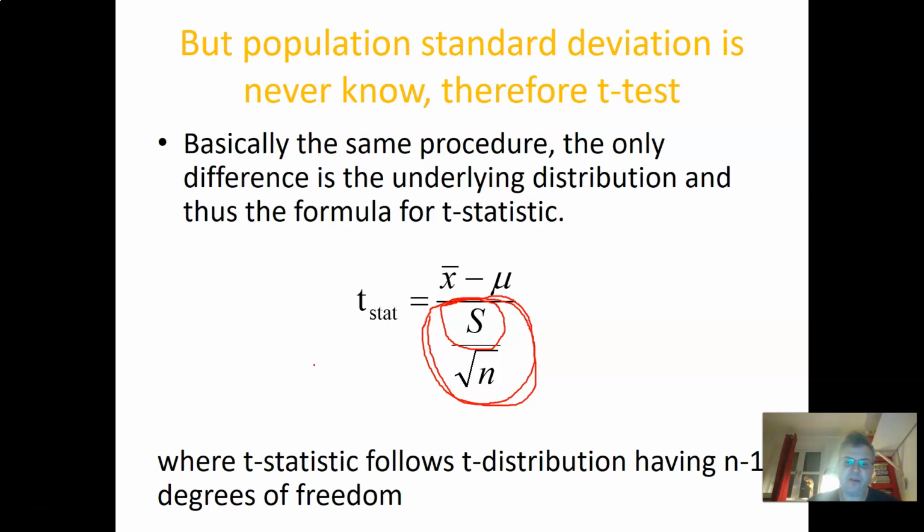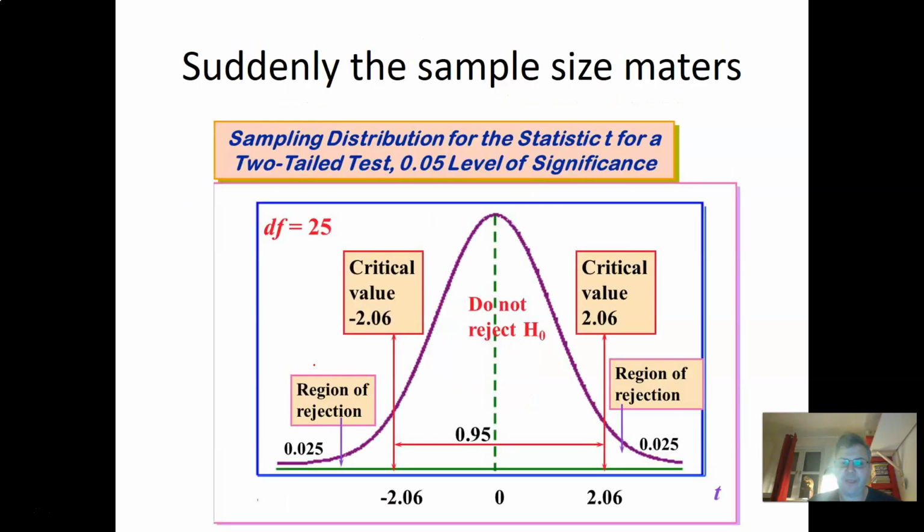And n-1 degrees of freedom means that the sample size suddenly matters. So when you use the decision rule to reject the null hypothesis based on some t-statistic compared to some critical value, you have to find the right critical value in the t-distribution given the right number of degrees of freedom.